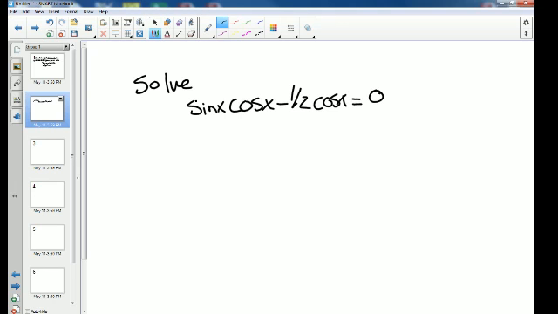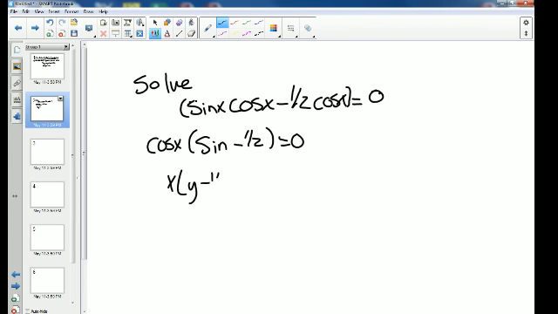Alright, so first you're going to factor out cosine. So you're going to have sine x minus 1/2 in parentheses, cosine x on the outside, still equaling 0.